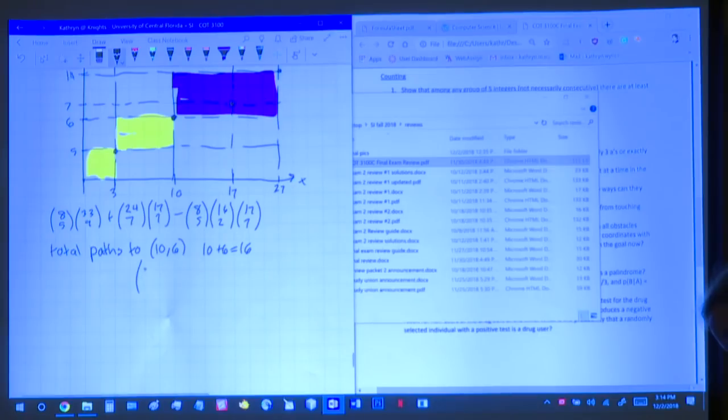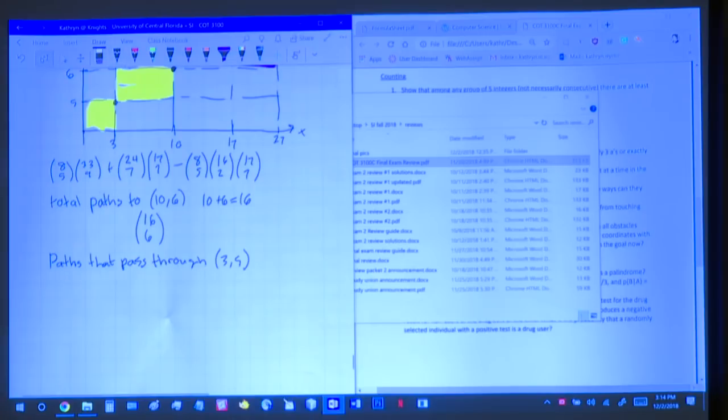So 16 choose 6. Then we'll do paths that pass through 3,5. And that would be 8 choose 5 again, to get up to this point.